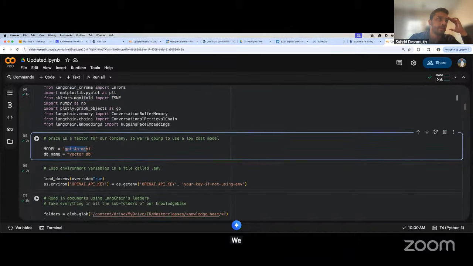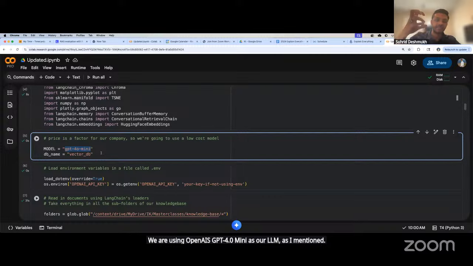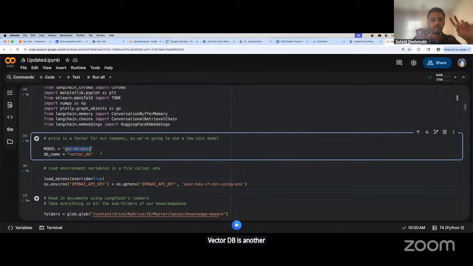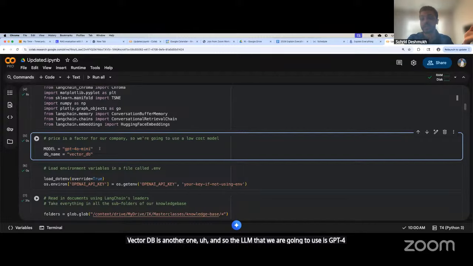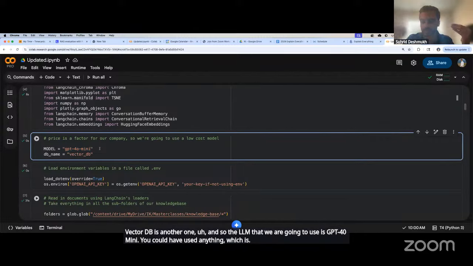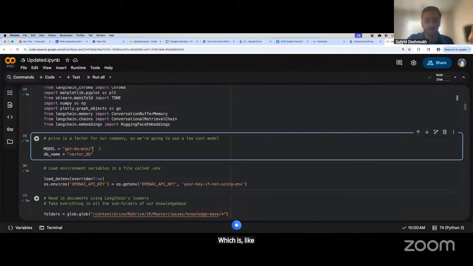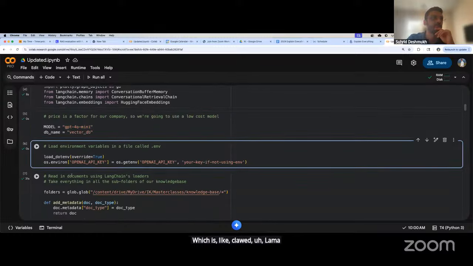We are using OpenAI's GPT-4o Mini as our LLM. As I mentioned, a RAG-based system has a few components, right? LLM is one, Vector DB is another one, and the LLM that we are going to use is GPT-4o Mini. You could have used anything, like Claude, Llama, or any one of those.